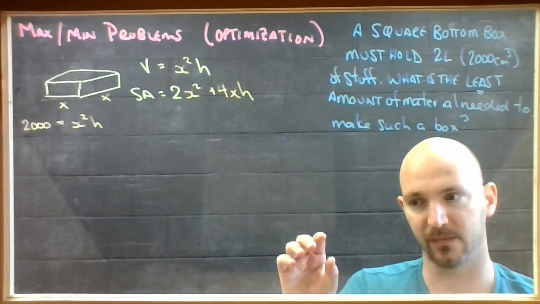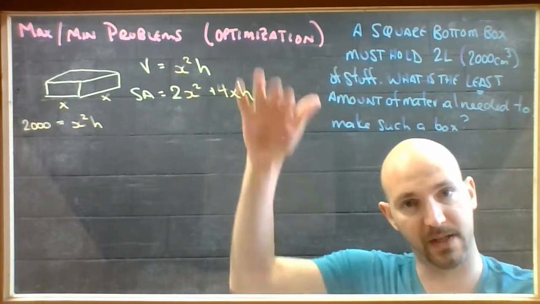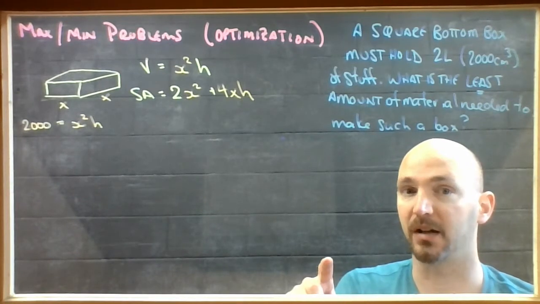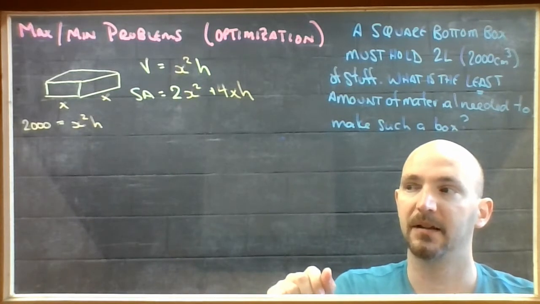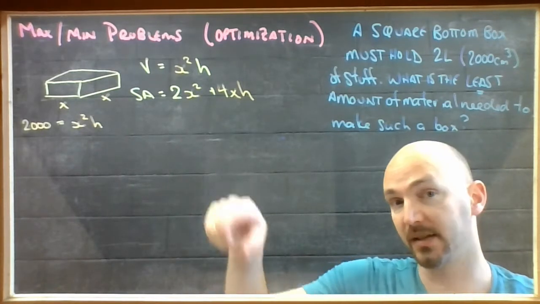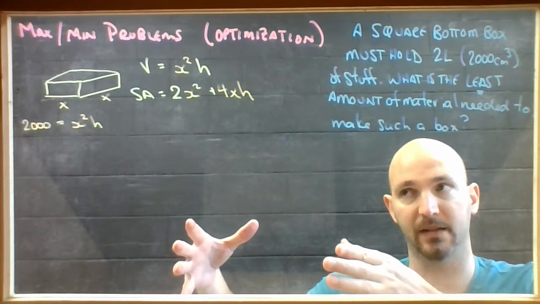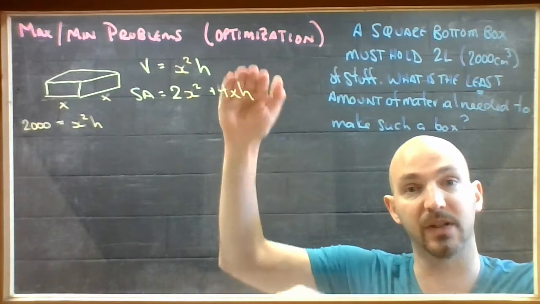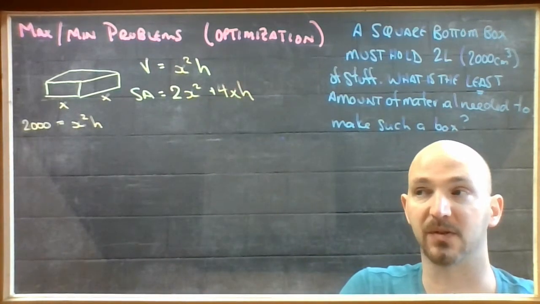The square on the bottom is very small and the box is quite tall. The other box looks more like a pizza box. The square is quite large and it is not very tall. And there's a whole list of boxes in between there, right? As the width and the length of that square decreases, the height of it increases as long as we maintain 2,000 cubic centimeters of volume.